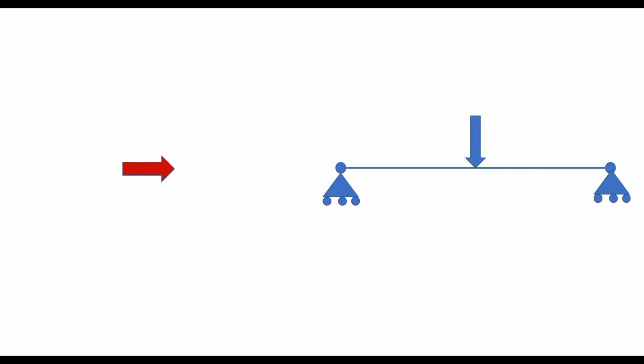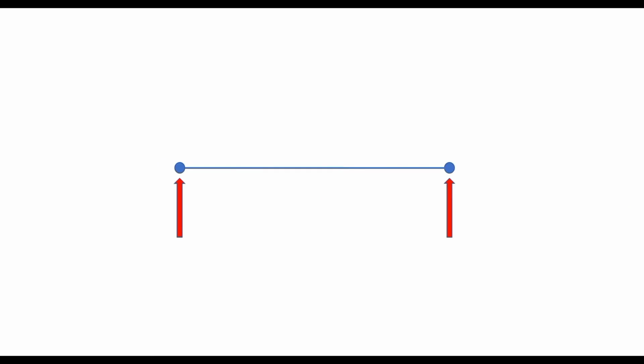So it is seen that even the two reactions cannot stabilize the beam against a general system of applied coplanar forces. If we have this structure and have an inclined load applied on the system, the inclined load can be thought of as one horizontal and one vertical load.